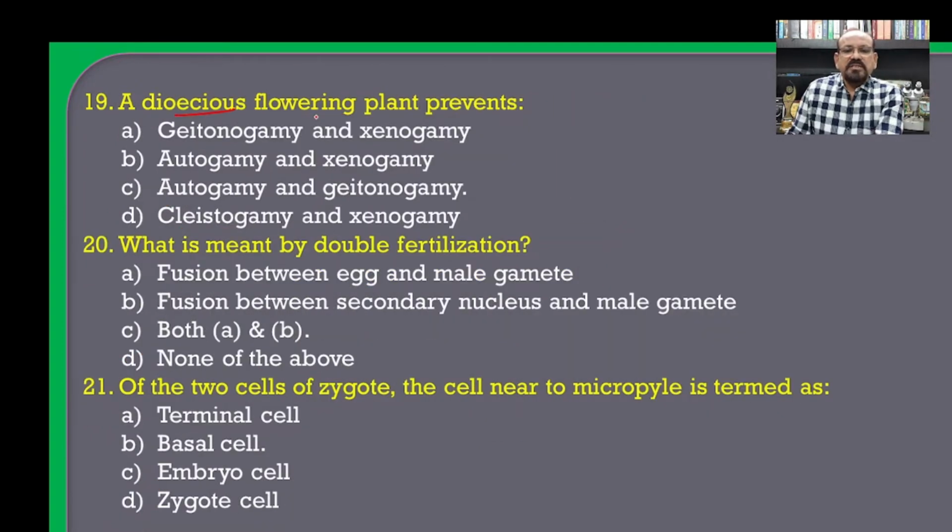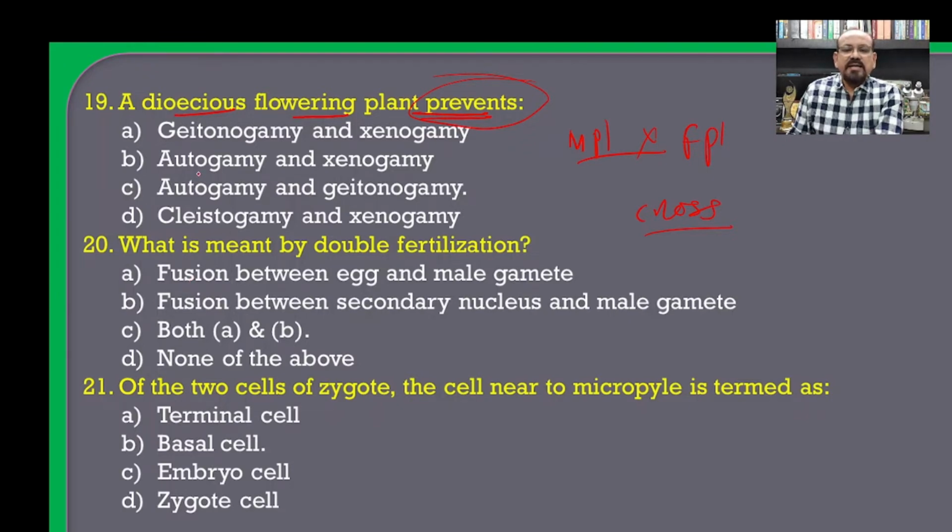A dioecious flowering plant prevents. Here there is an involvement of two plants, as dioecious means the male plant and the female plant are different, which means involvement of two plants, so there will be cross pollination. But the flowering plant prevents, which means it will prevent self pollination.